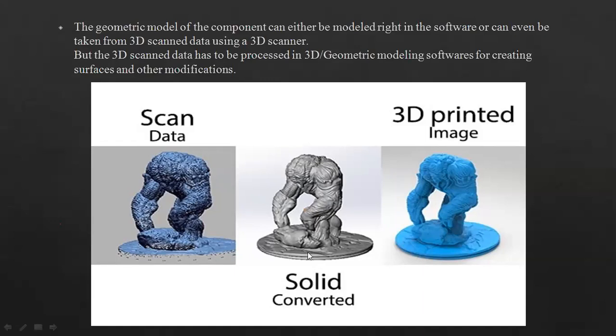Once that solid is made, it can be 3D printed. Same process, just that you have scanned the data from the physical object. But the 3D scan data has to be processed in 3D geometric modeling software for creating surfaces and other modifications. Okay, you can hear me, sir.